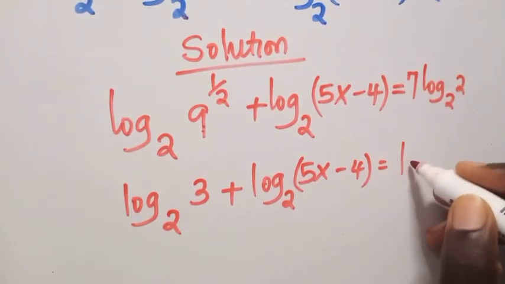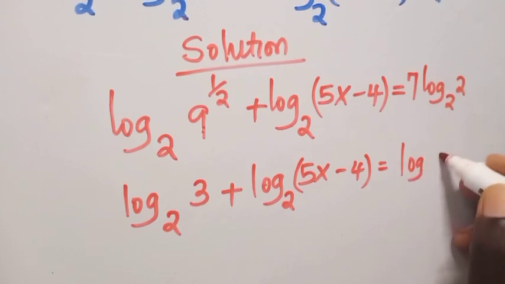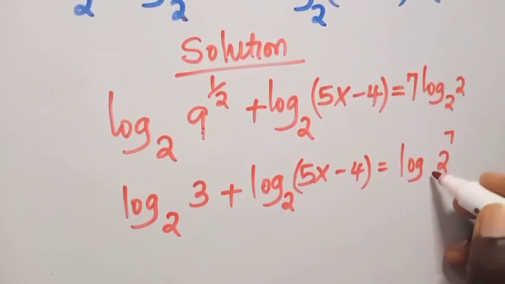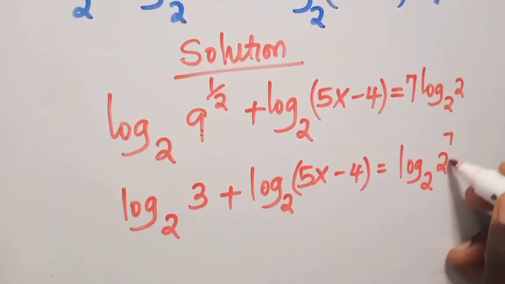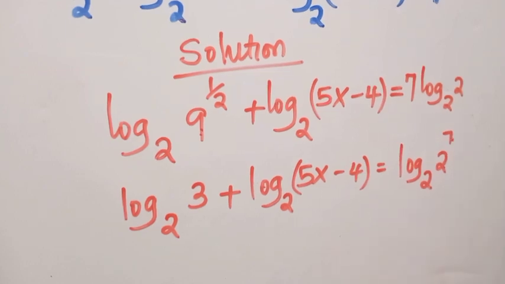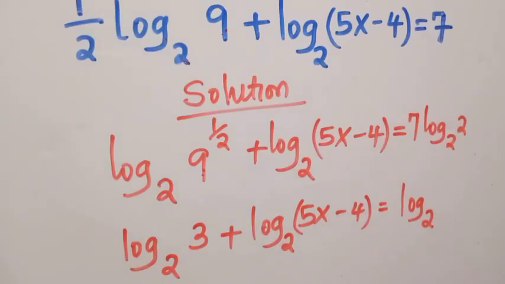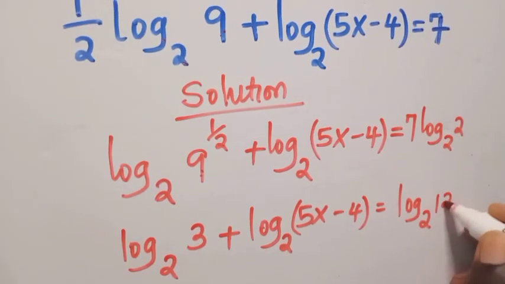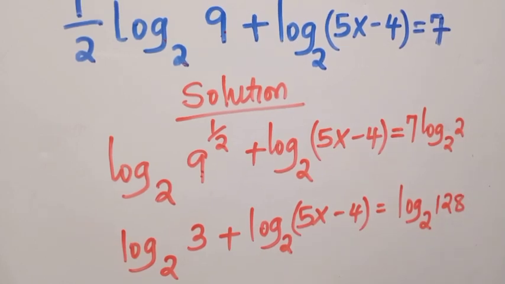And therefore we shall have the logarithm of 2 raised to 7 to base 2, and 2 raised to 7 is 128. And therefore we can just write it there.